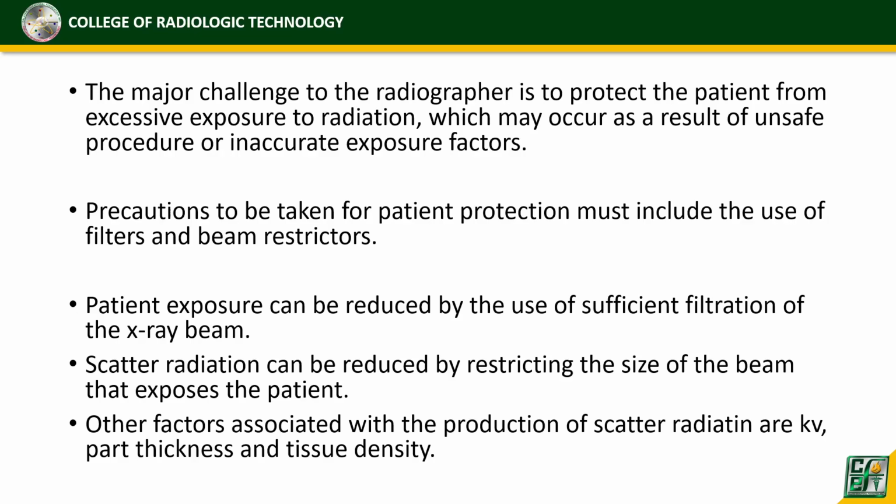Other factors associated with the production of scatter radiation, as we know, are the kilovoltage, the part thickness, and tissue density. These are the factors that affect scatter radiation, as we discussed in our previous lessons.